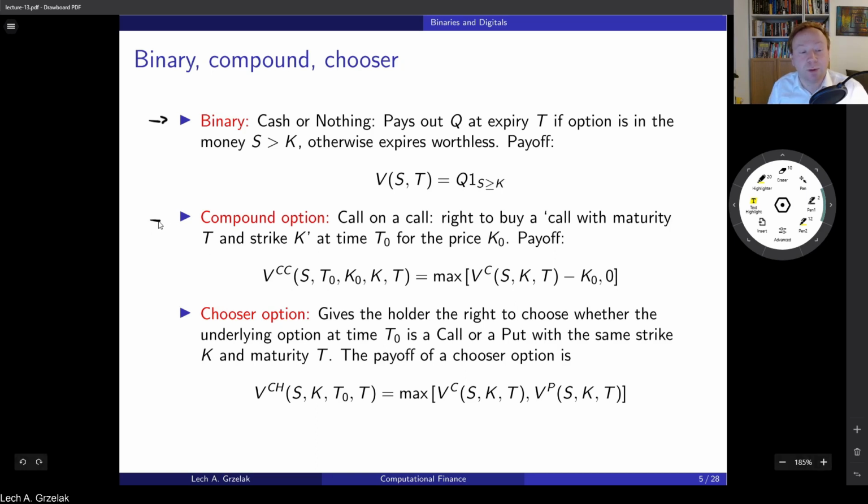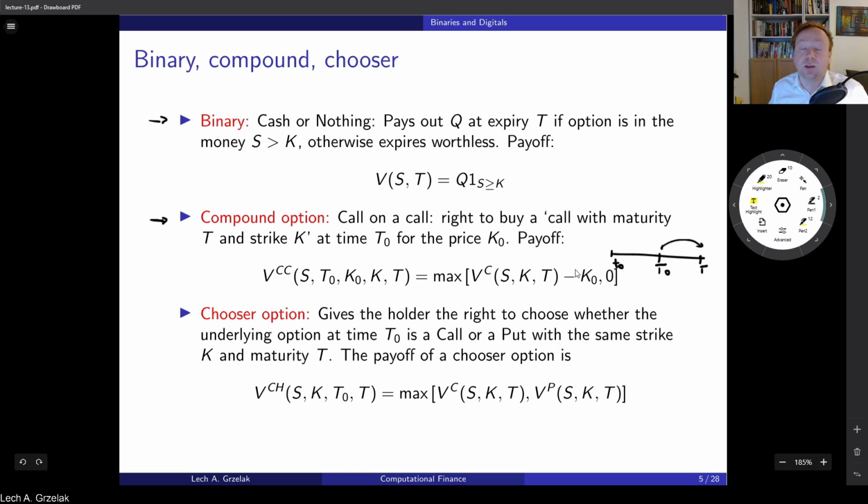We could also have a different type of payoff, a compound type of option. It's an extension of a European call where, at some time T0, we can choose from the value of an option with a different maturity T. So we have a T0 and we have a T. At time T0, we can either choose a strike constant, or we can look at the value of a derivative.